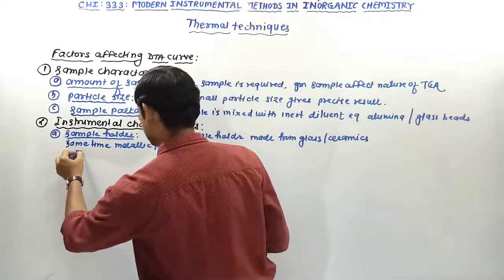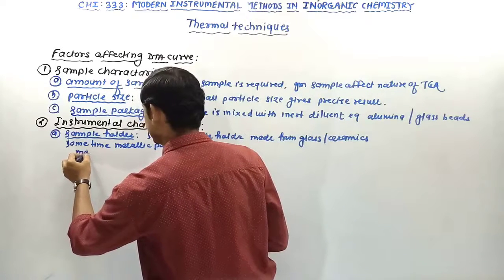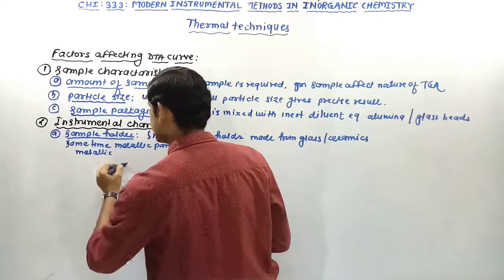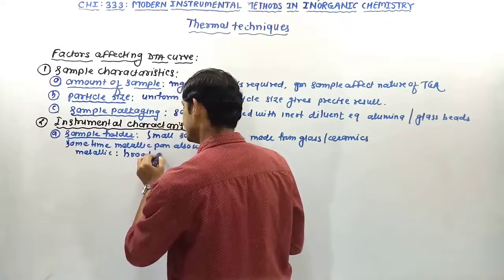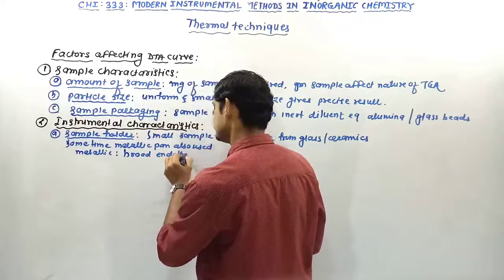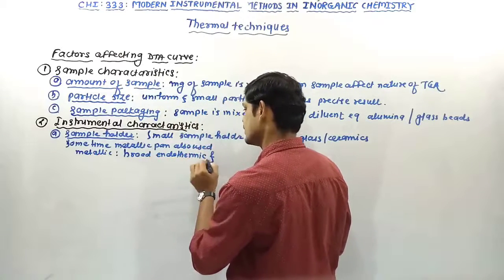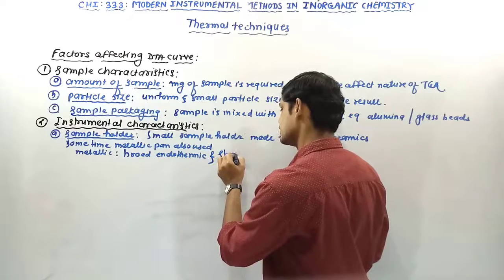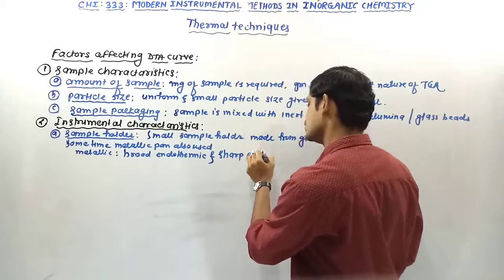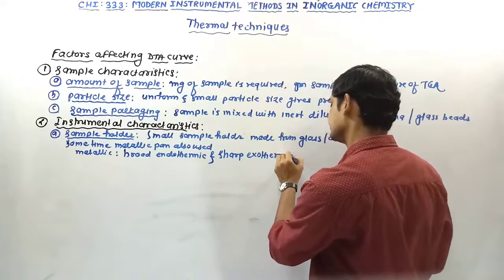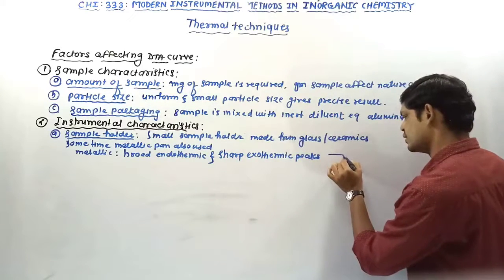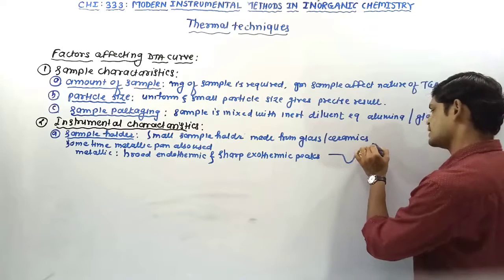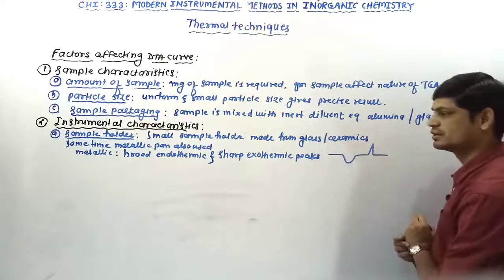So if the sample holder is metallic, then we will get a broad endothermic and a sharp exothermic peak.